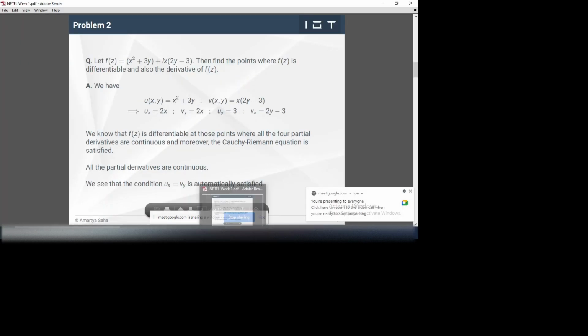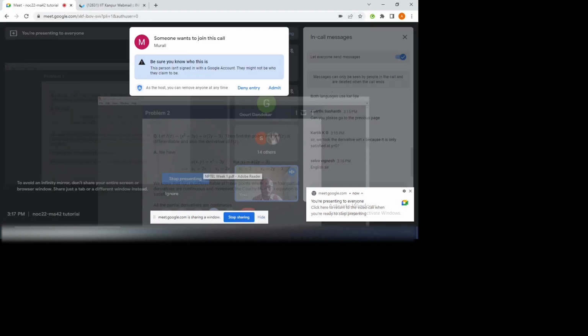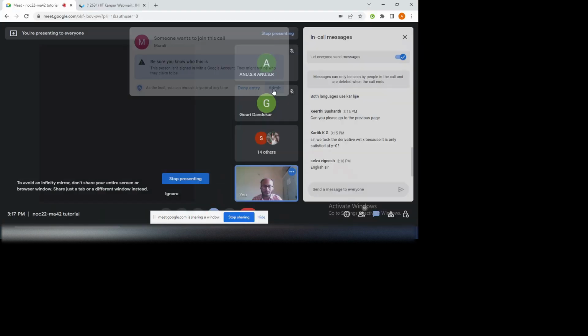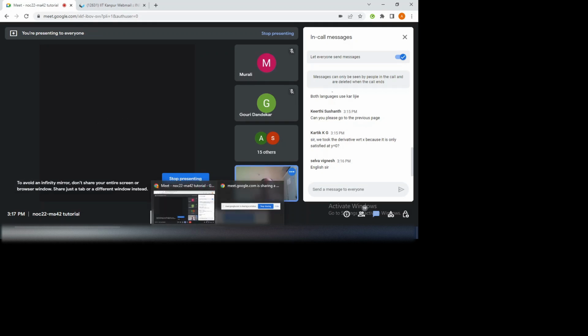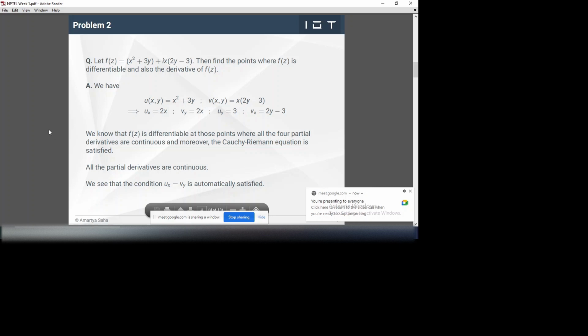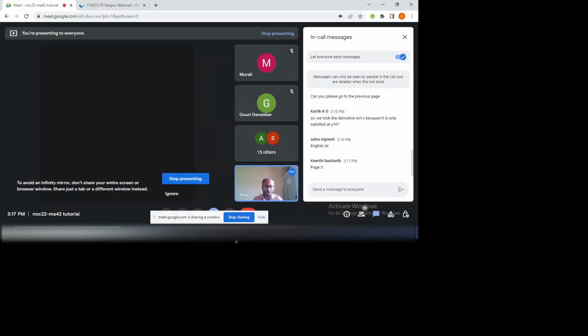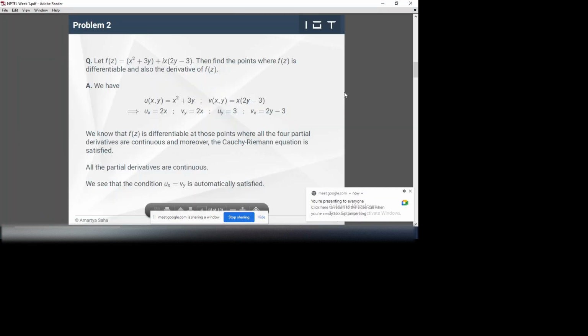So can you please write your doubt? Yes, page 3. Sorry, which one?